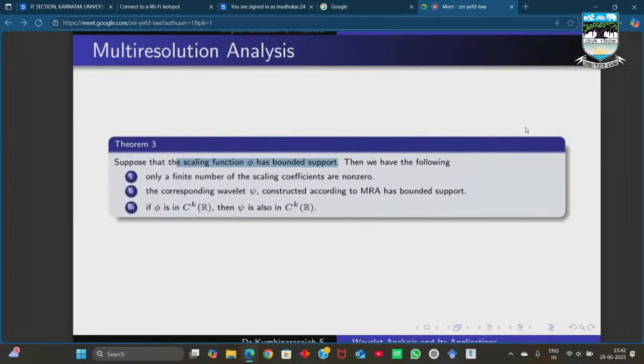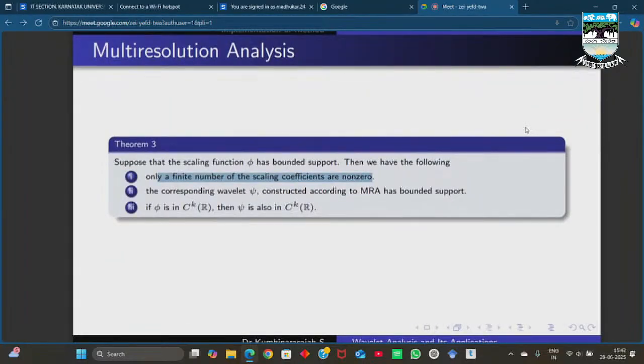Then first, only a finite number of scaling coefficients are non-zero. If you approximate any function by the orthonormal basis of phi, then only a finite number of scaling coefficients are non-zero. An infinite number of scaling coefficients are going to be 0. That is the meaning of the first statement.